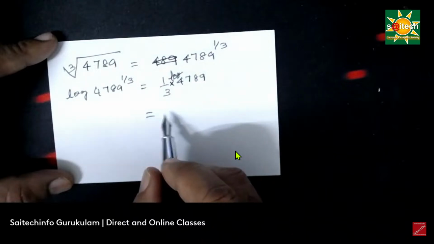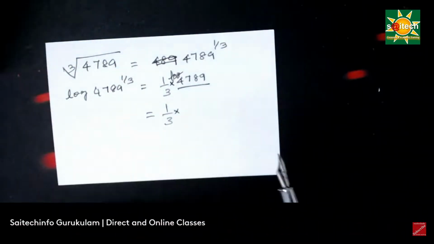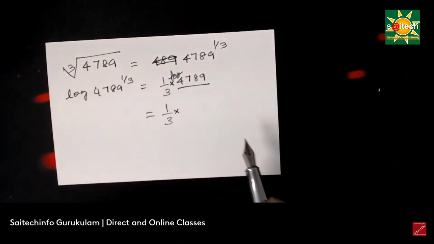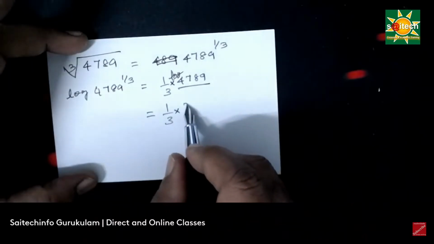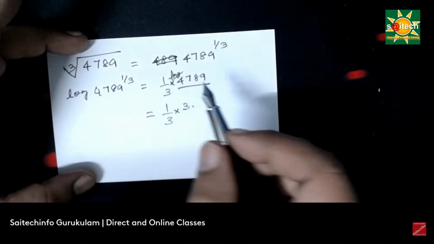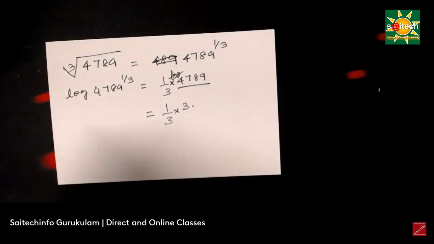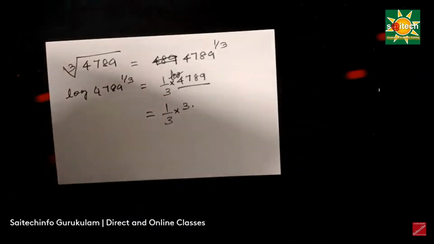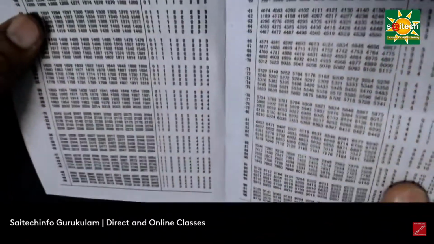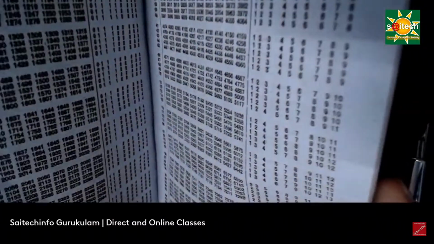So 1 by 3, get me the value of log 4789. That is 3 point, because it has got 4 digits. 3 point, check 47 and 8, 9. So you got the logarithm here.